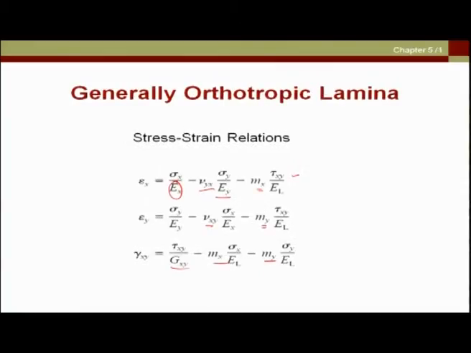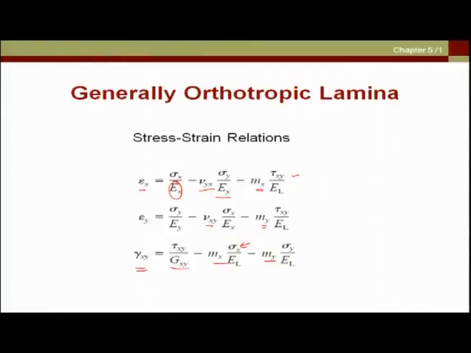The role of mx and my is apparent from these stress strain relations, and what these relations tell us is that if I apply just a shear stress on the specimen, it can create an extensional strain, and if I just apply an extensional stress, it can create a shear strain in the system.